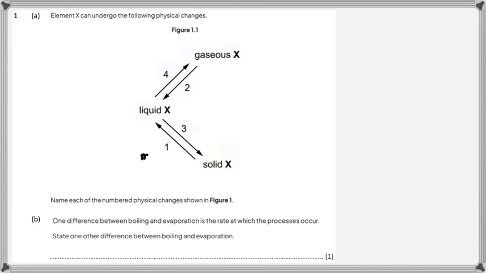Melting. Then gaseous X to liquid X, number two, from gas to liquid, we call this condensing. Condensing. And then liquid X to solid X will be freezing.